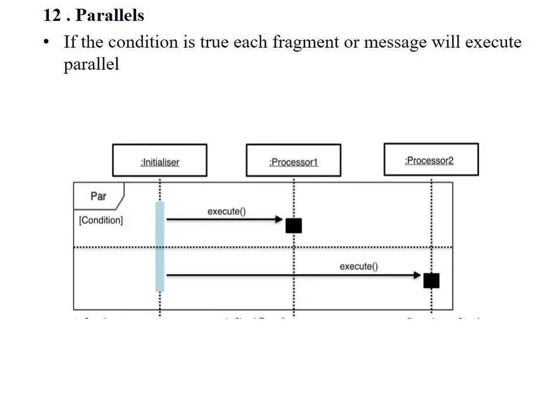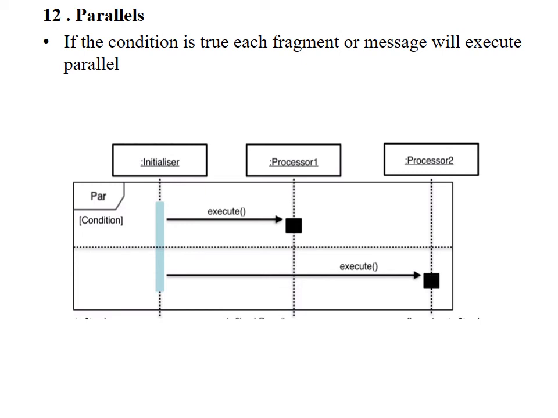Next comes parallels. What is parallel? If the condition is true, each fragment or message will be executed. If a particular condition is true, it activates two or more objects. In such situations, we use parallels. Here also we use the same rectangular box, which is called a frame.